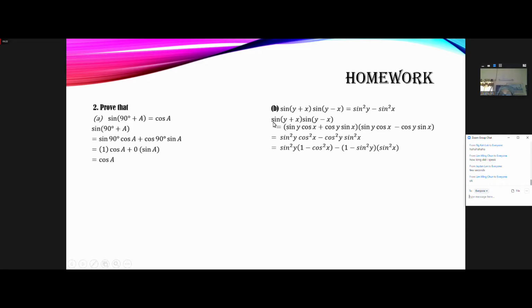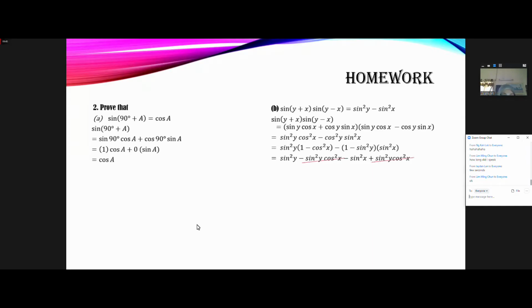Okay, I will correct that later. When you expand, you will then cancel off this and this. The answer here is correct, but the one that I put in the bracket is wrong, it is reversed. So you cancel off that, and you are left with sine squared y, sine squared x. Okay, I will correct that later.